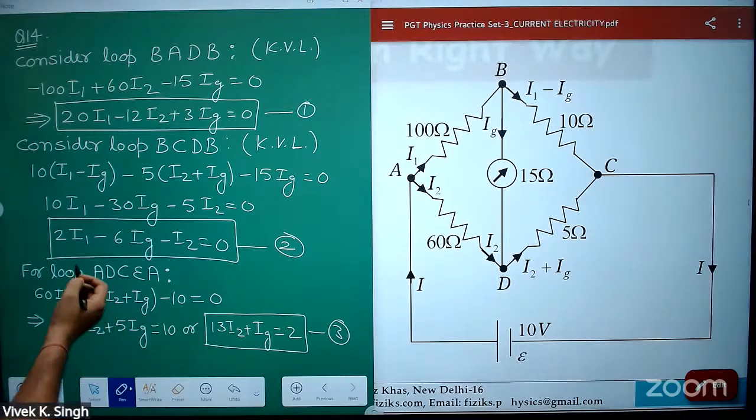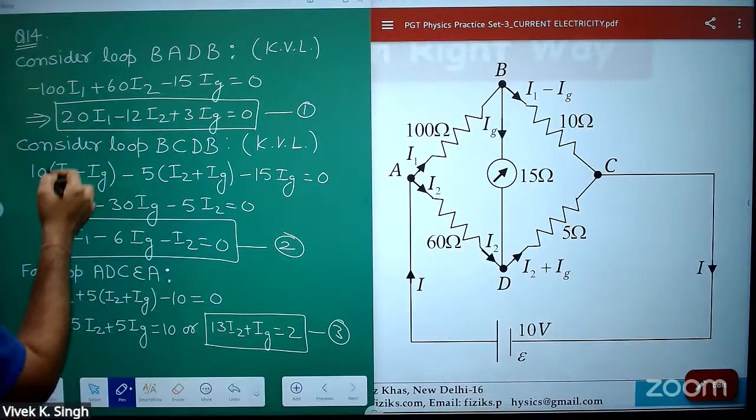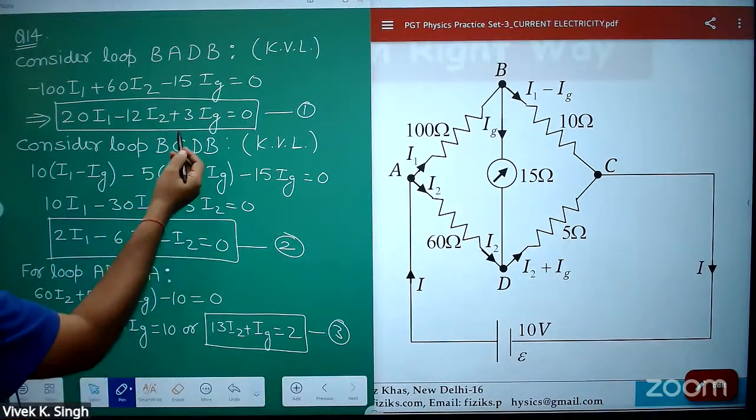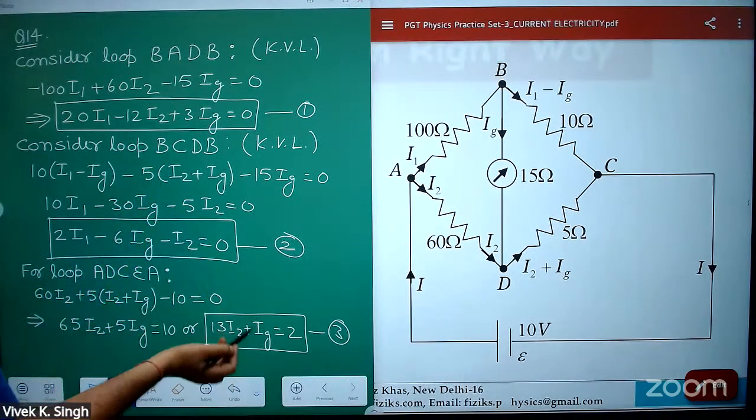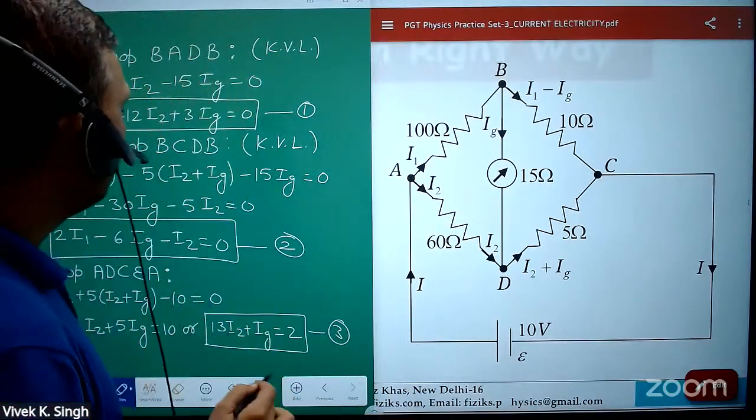What you have to do first, from these two equations, you should eliminate I1. So you will get an equation in terms of I2 and IG, and then you should solve with equation 3. So it's a matter of calculation.